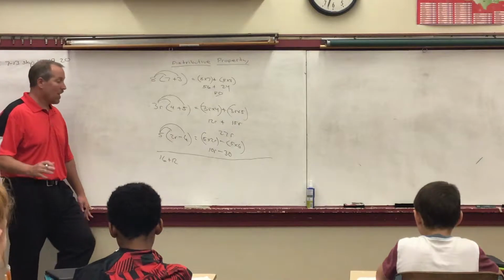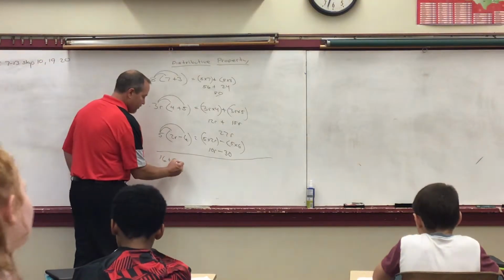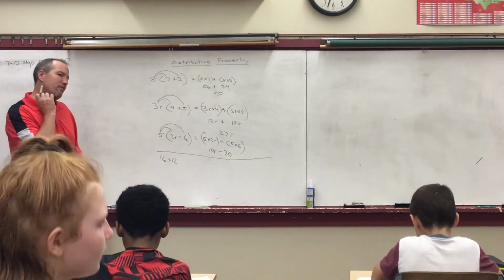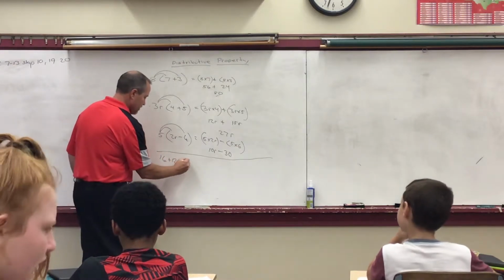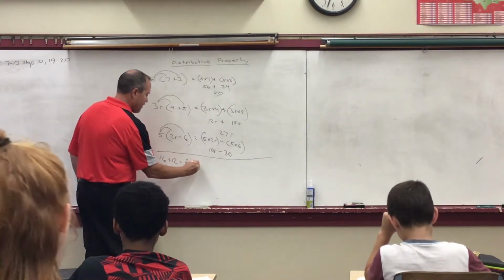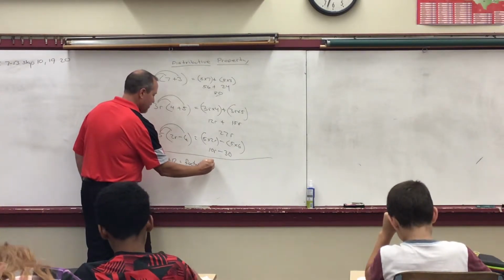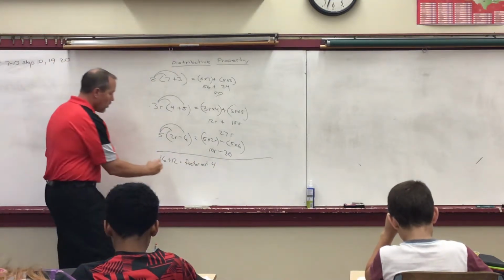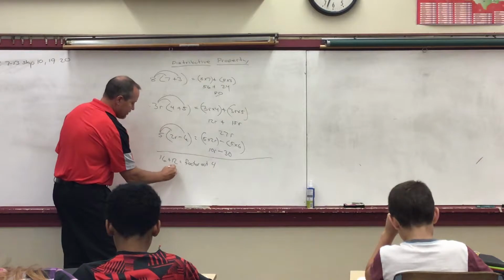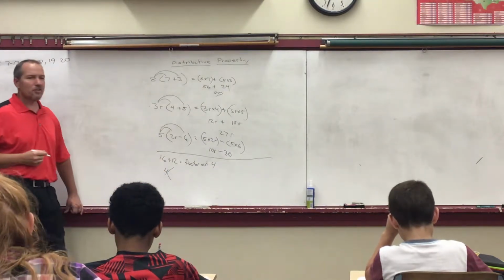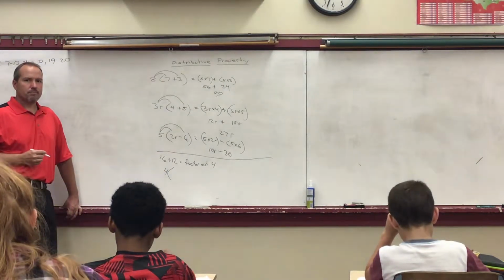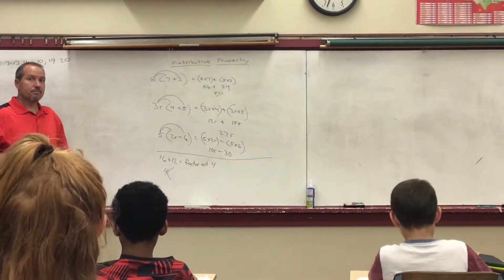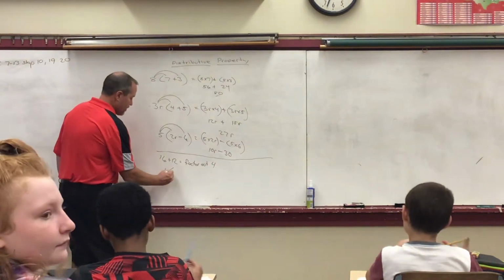Okay? So now, since we can factor out a 4, we're going to write this down. Factor out 4. So now, when we factor the 4 out, what is 16 divided by 4? 4.